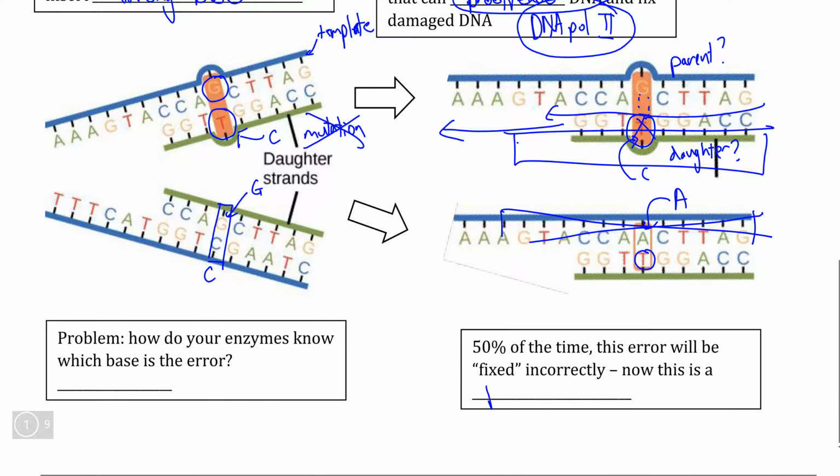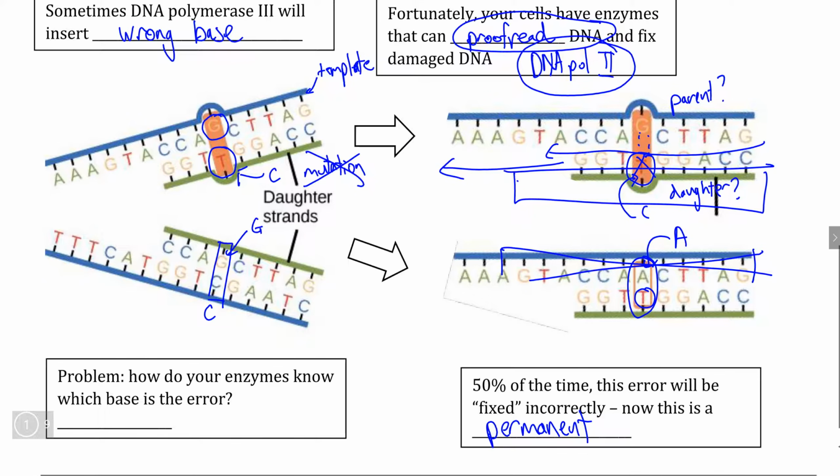And when we have done this, it results in a permanent change to the DNA sequence, because now, is there a way for a DNA polymerase proofreading molecule to recognize that this is an error? Well, again, the answer is no, because all that it can tell is A is supposed to pair with T, and there is no error in that.